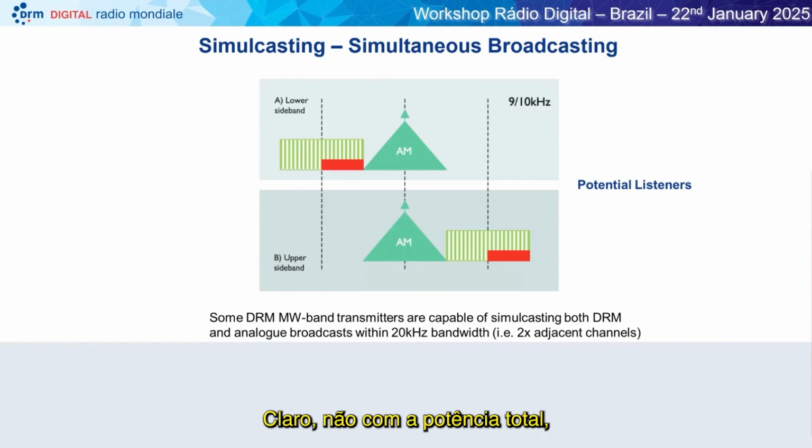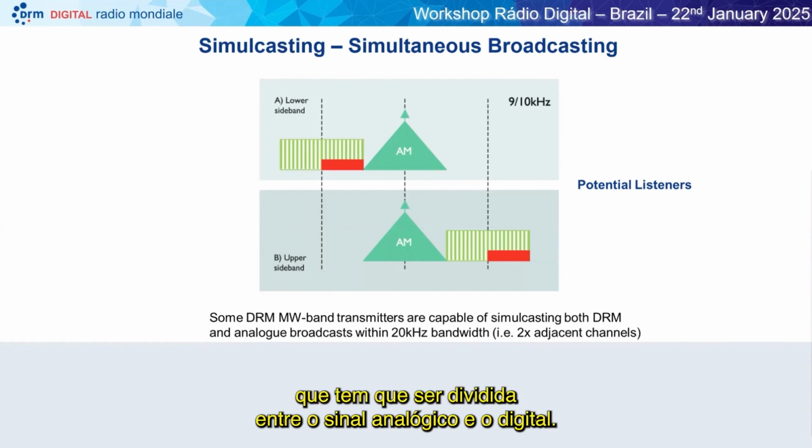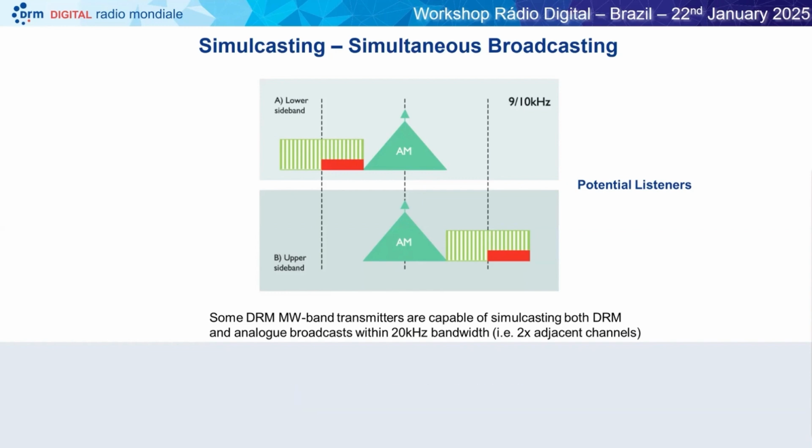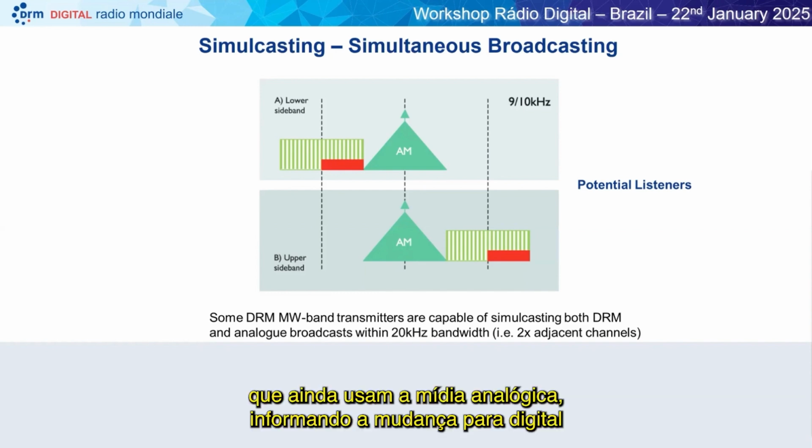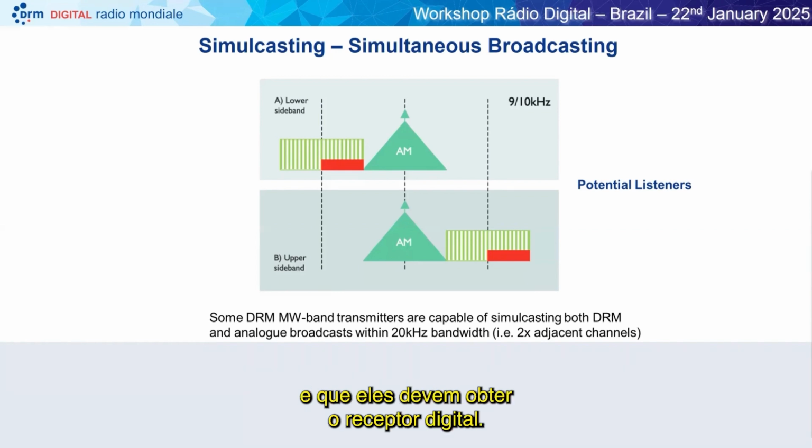Of course, not with the full transmission power; the power has to be split between the analog and the digital signal. But for the introduction of DRM, I think it's perfect, because you can inform people still using the analog medium that you are going to switch to digital and that they should get a digital receiver.